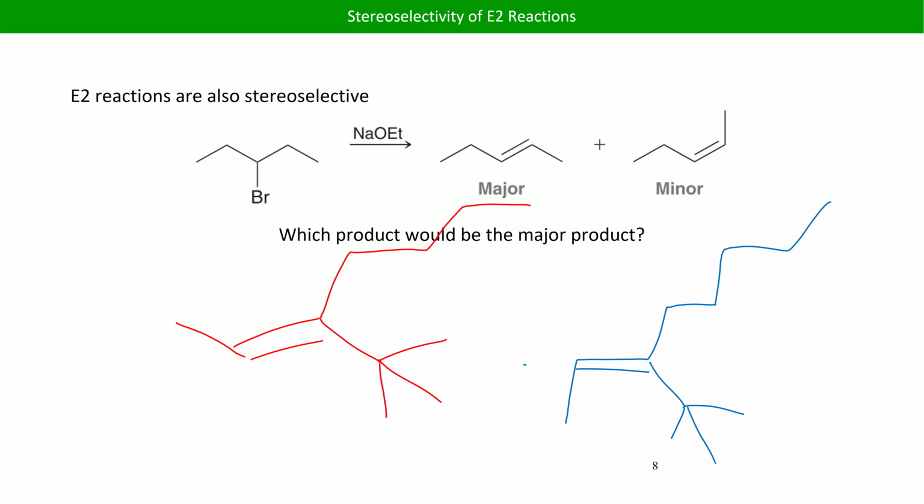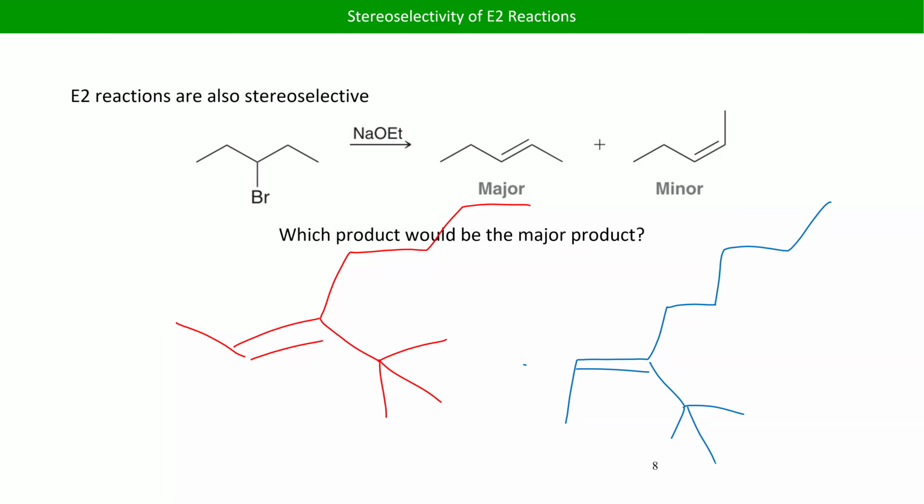Z is cis, which is same, and trans is E, which is opposite. Say it with a bad French accent: Z is the same side, versus E is opposite, against, entgegen.